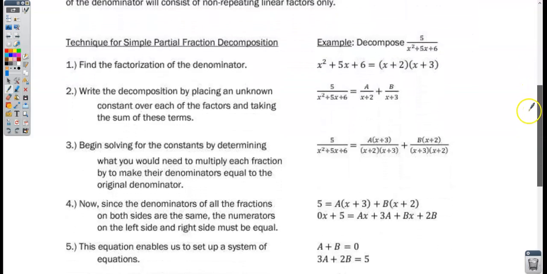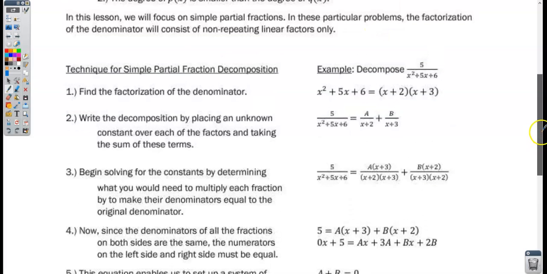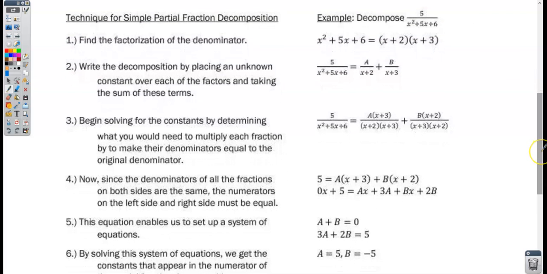I've actually outlined the steps of the process and shown going through this particular problem. So in this first example, we are going to integrate 5 over the quantity x squared plus 5x plus 6. The first thing we do, we find the factorization of the denominator. You see here I've factored x squared plus 5x plus 6.